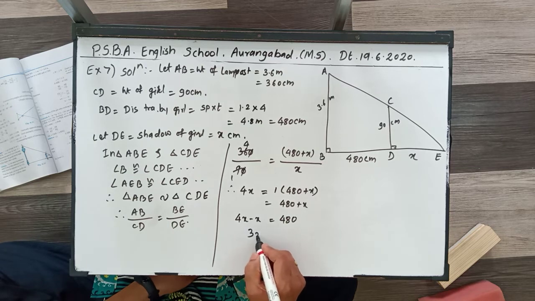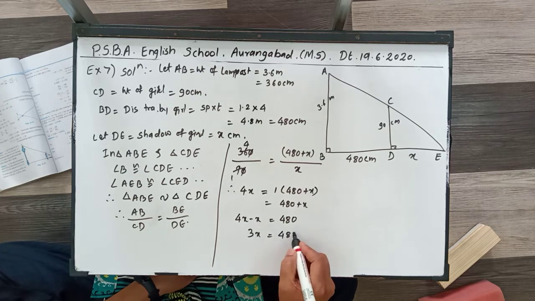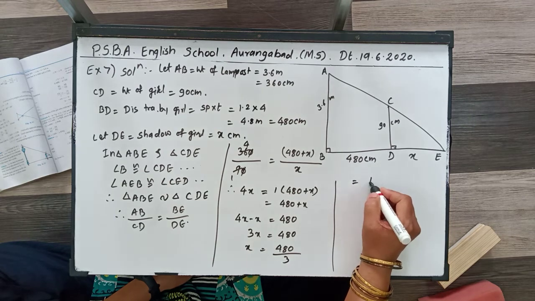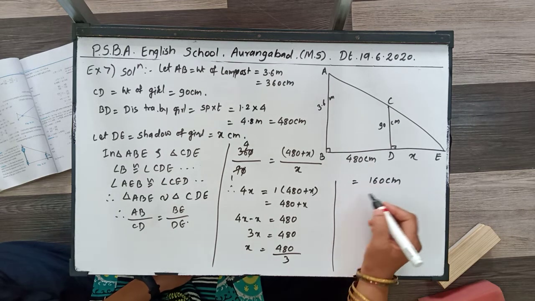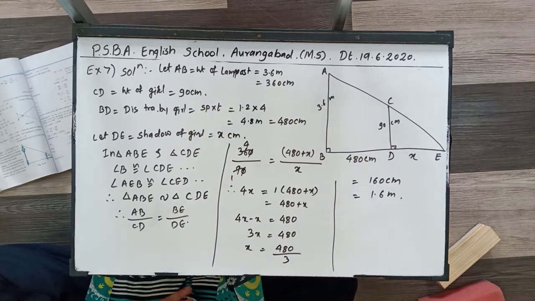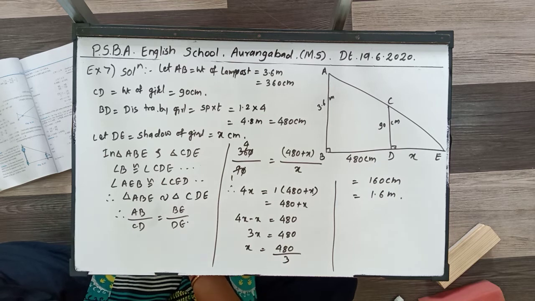So 3x is equal to 480. x is equal to 480 upon 3. That is equal to 160 centimeter is equal to 1.6 meter. So 3 ones are 3, you can divide this. This is how we have done example 7.